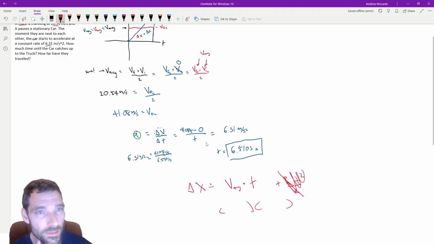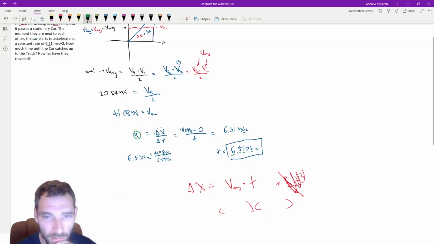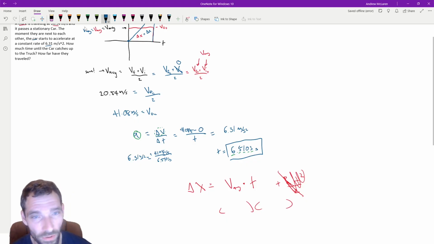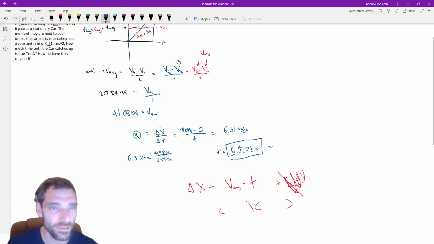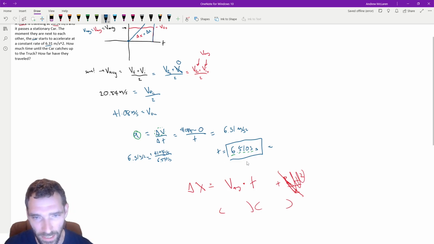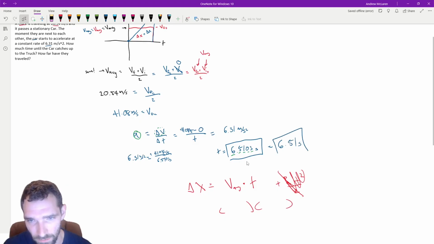So this happened in this amount of time right here. I am going to use the unrounded number for this next calculation, though we should limit this to sig figs. We had 4 sig figs divided by something with 3, so we should have 6.51 seconds really for our final answer.